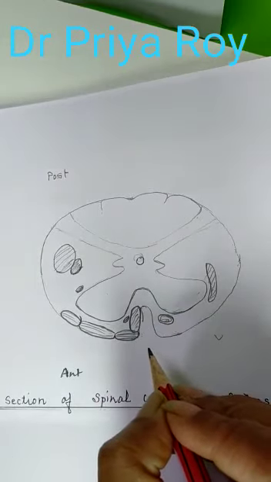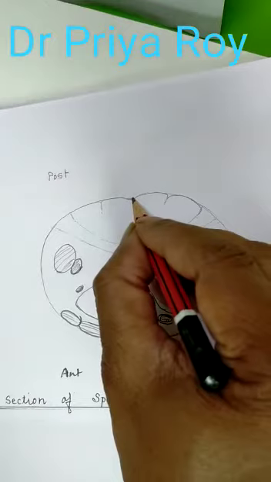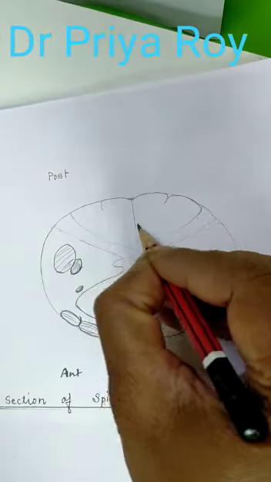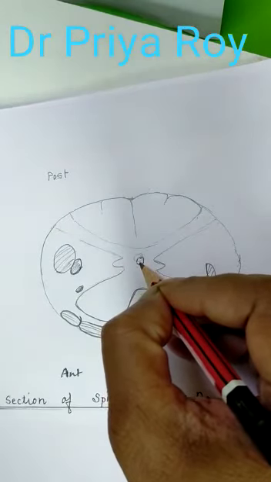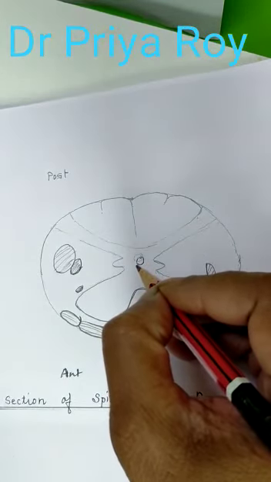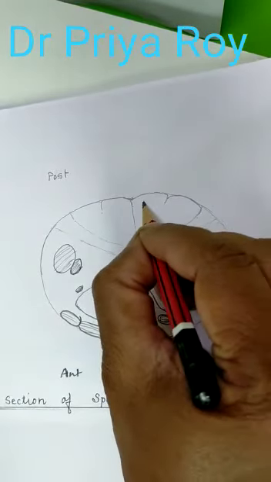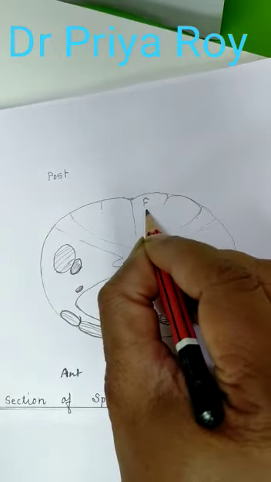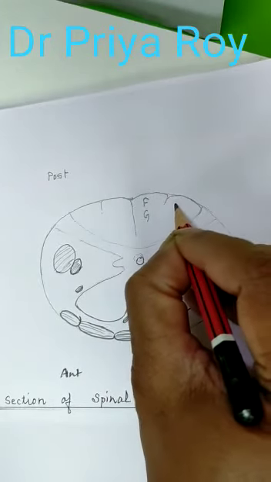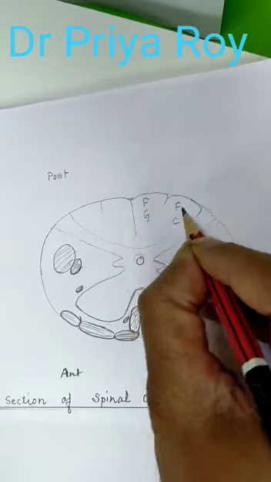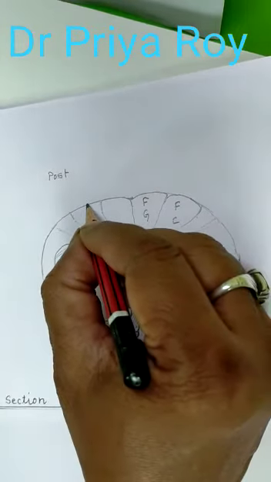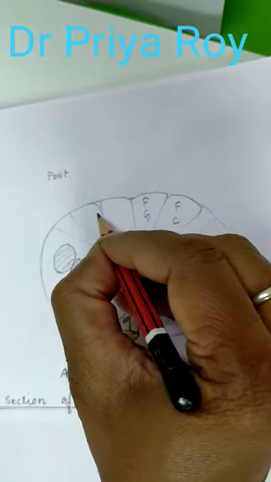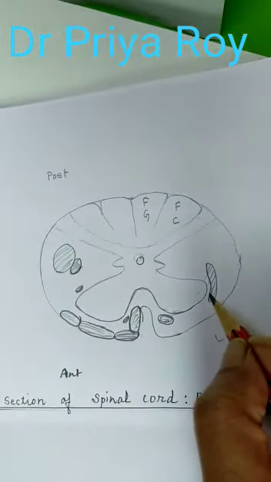Next you can see here the fasciculus cuneatus and fasciculus gracilis. Fasciculus gracilis is medial and fasciculus cuneatus is lateral. So two tracts are here, which are ascending tracts.